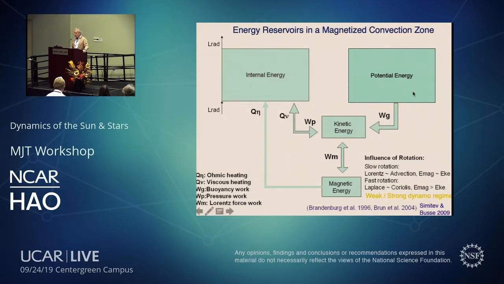So you need to either have buoyancy driving, what's hot goes up, or pressure gradients. You know that the wind blows from high pressure to low pressure. And we have that in our system, in our convective star. And so you get this motion. And then through the work of the Lorentz force, you get magnetic energy. But what's subtle in this system is that to get magnetic energy generation, you need to get the work through the kinetic energy.